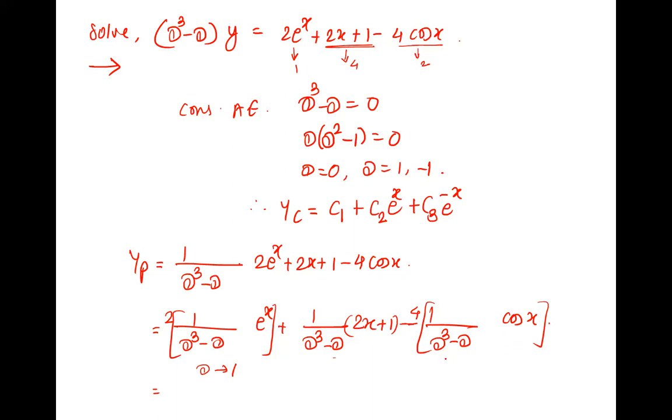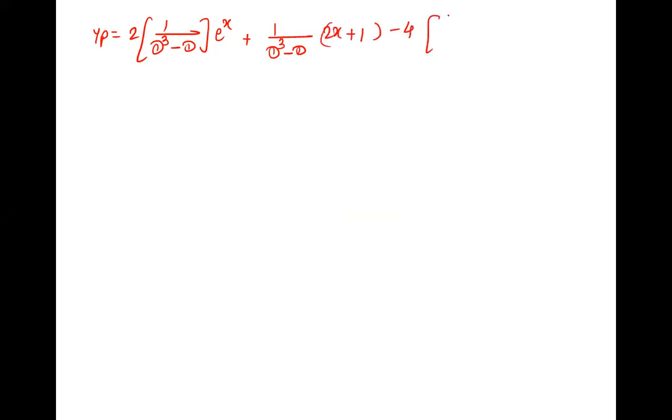And for this cos, you should write it in D square first. So 2 into 1 upon D cube minus D e raised to x, plus 1 upon D cube minus D 2x plus 1, minus 4 into 1 upon D cube minus D into cos x. Okay, this is the last step.